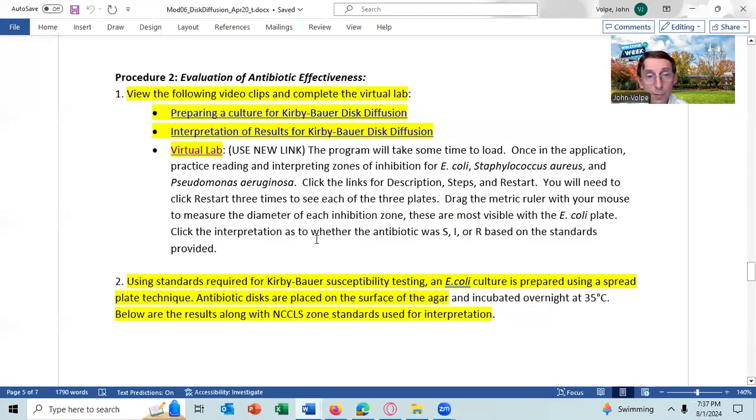And then 2, use the standards for Kirby-Bauer disc diffusion susceptibility test on E. coli. Using the spread plate technique, antibiotic discs are placed on the surface of the agar and incubated overnight. Below are the results along with the NCCLS zone standards used for interpretation.